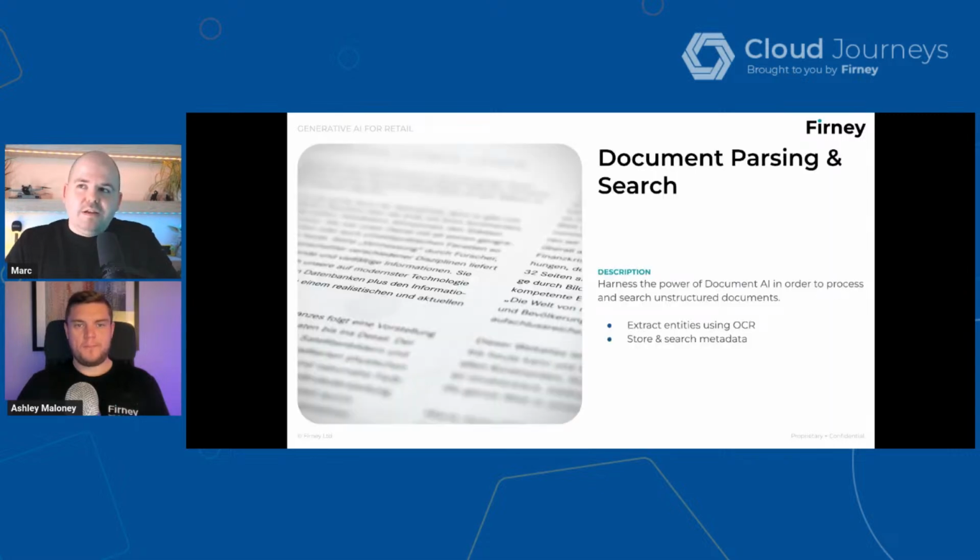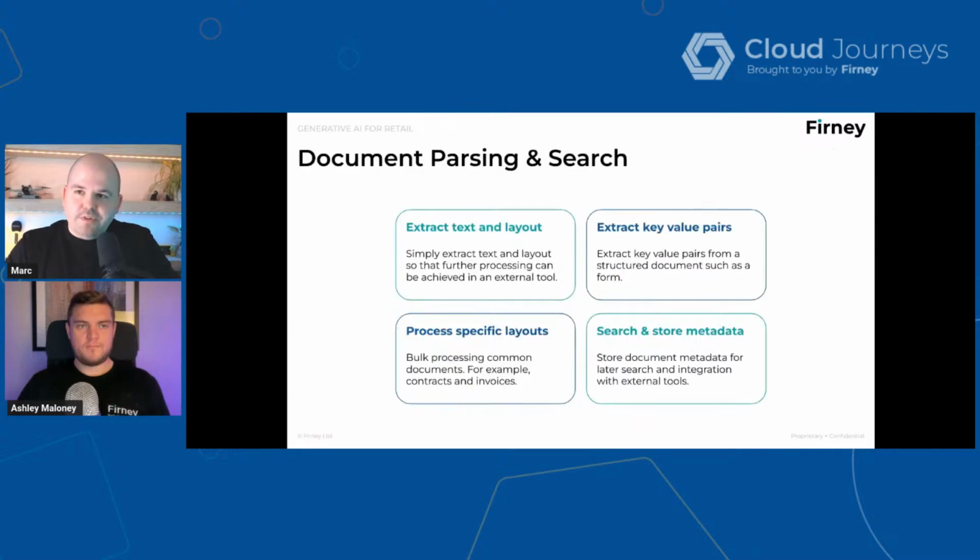And this is where the Document AI solution from Google is opening up the doors to access and interrogate this information. So what we can do is extract the text from those documents using optical character recognition, and store and search the metadata on those documents as well. Going into a bit more detail, you can extract the text and the layouts, so it understands the structure of the documents and can pull out certain information.